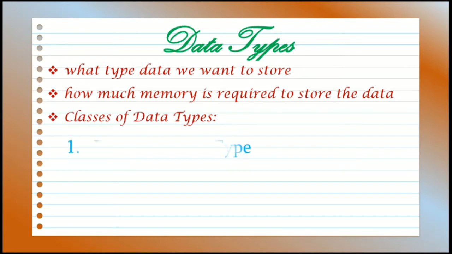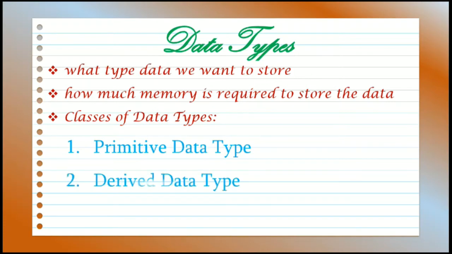First one is primitive data types, also called fundamental data types or primary data types. Second one, derived data types, and third one, user defined data types.